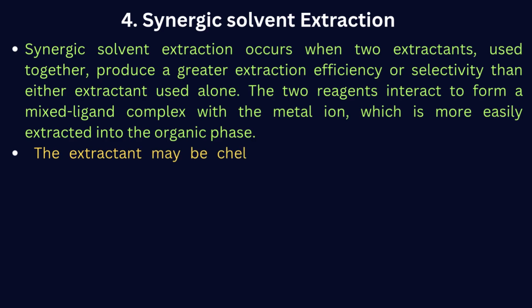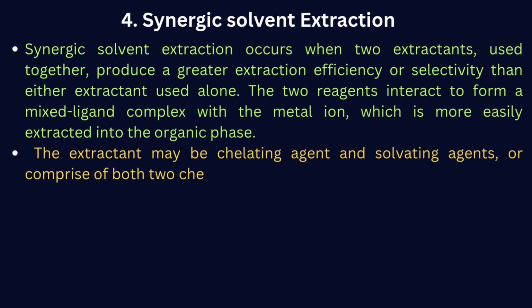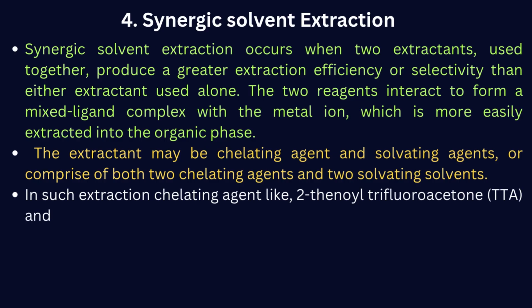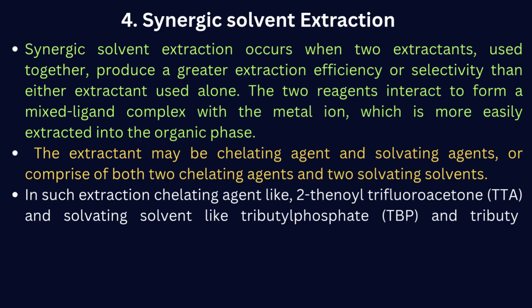The extractants may be a chelating agent and a solvating agent, or comprise two chelating agents or two solvating solvents. In such extraction, a chelating agent like 2-thenoyltrifluoroacetone, TTA, and a solvating solvent like tributyl phosphate, TBP, and tributyl phosphine oxide, TBPO, are used. Next, we will see examples of synergic extraction.